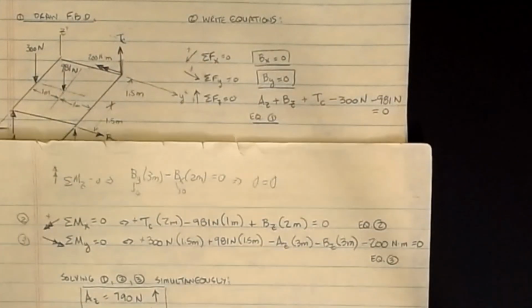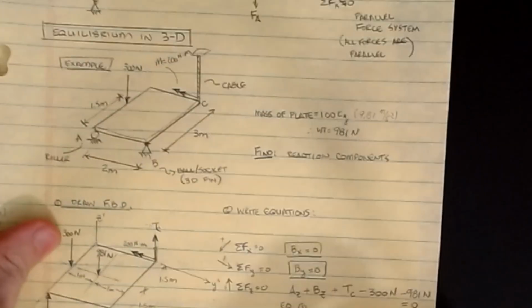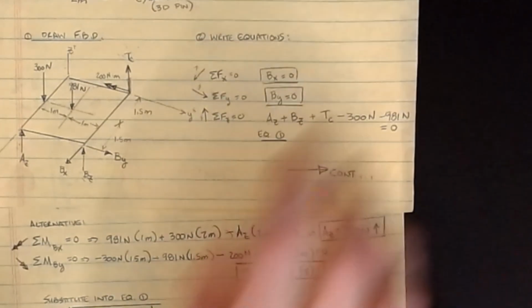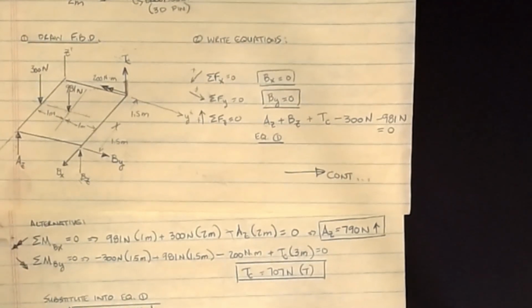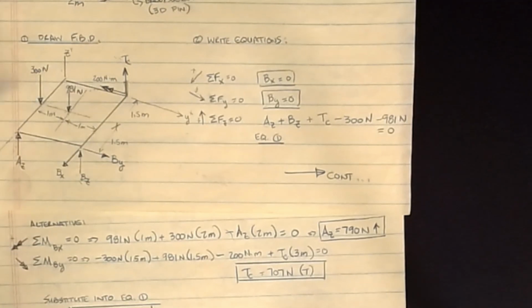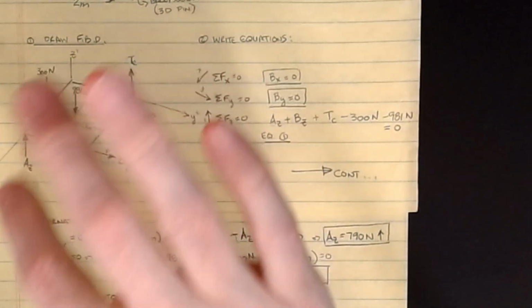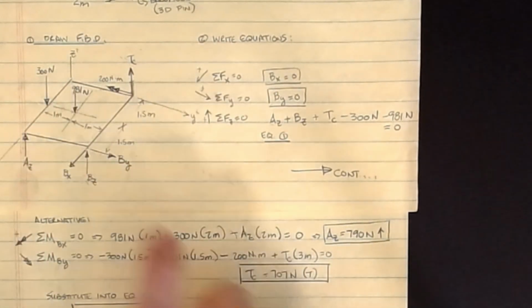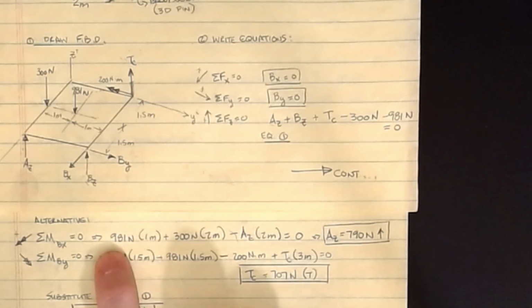I would get 981 times 1. If I do it about the x-axis, let me illustrate that up there. For the moment about the x-axis, we're assuming positive in the positive x direction. So I get 981 times 1, and this guy, looking at an x-axis through B, would cause a positive moment. So that's 981 times 1 positive.